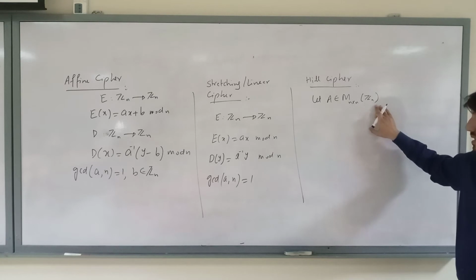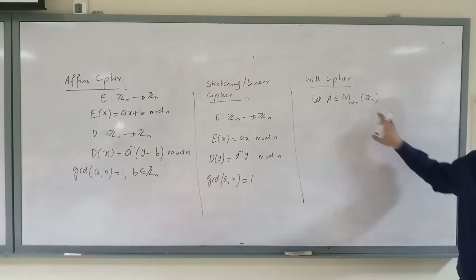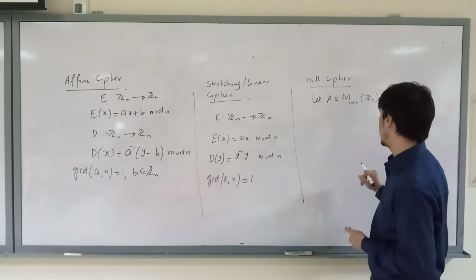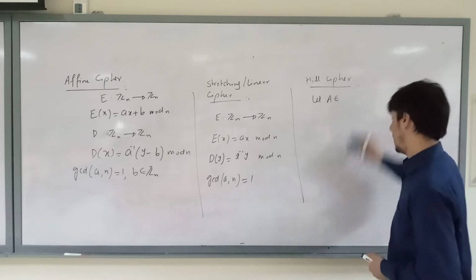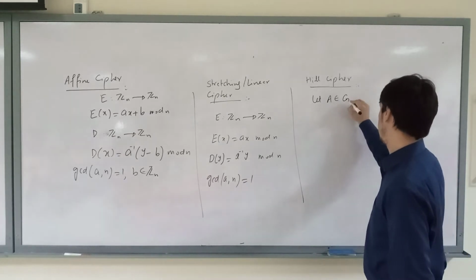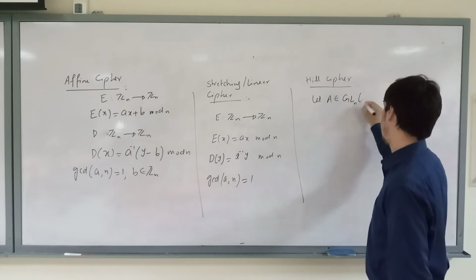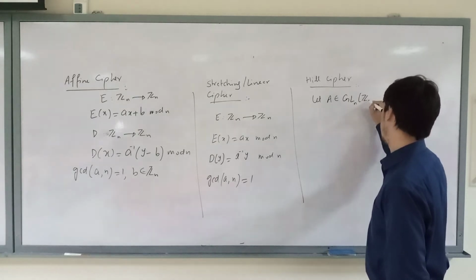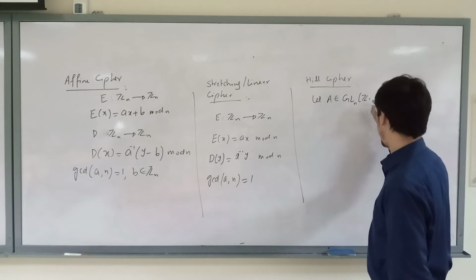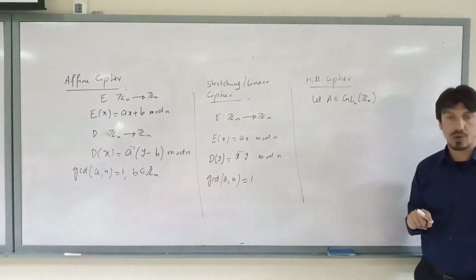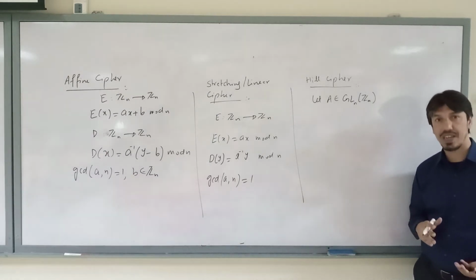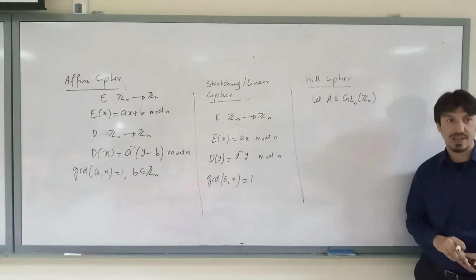You can take a matrix as a non-singular matrix, or I can say that A belongs to the general linear group of order n over Zn. And in the general linear group, the elements that fall in it are those whose determinant is non-zero.